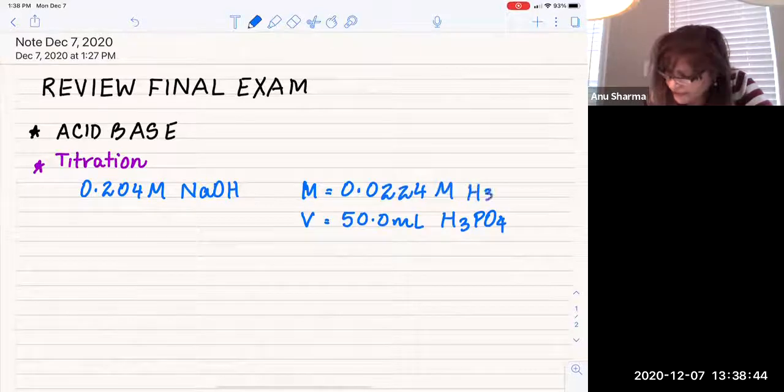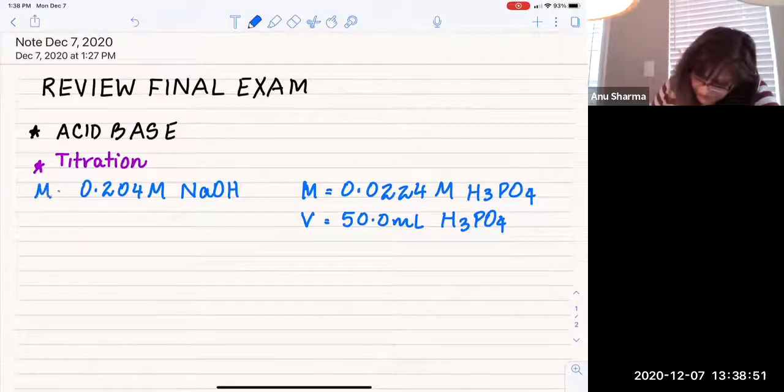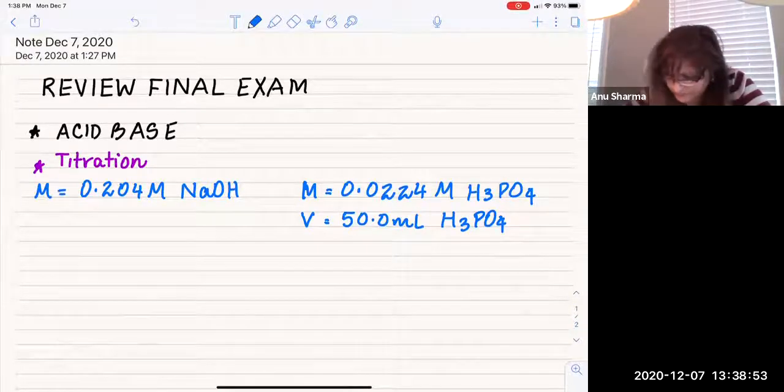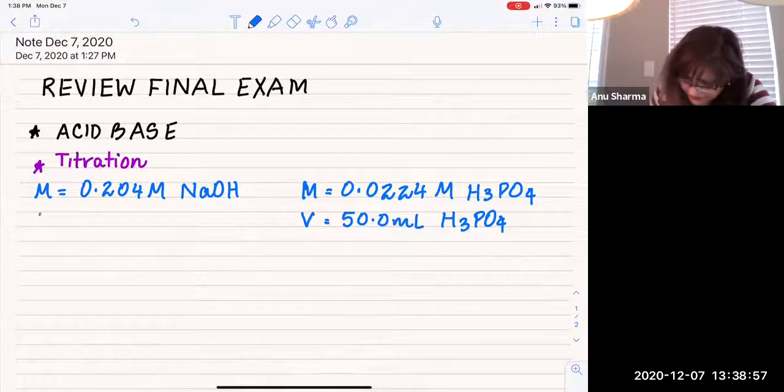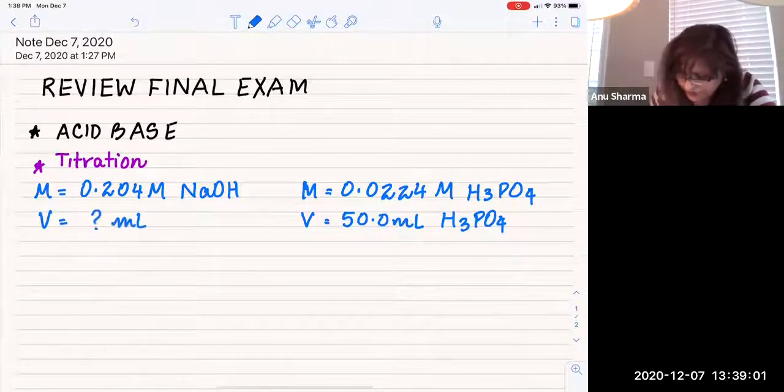So this acid is H3PO4, and it is being titrated with a base, NaOH, with the molarity given as 0.204 molar. What is the volume in milliliters? Now they want you to find the volume in milliliters. So pay attention to that.